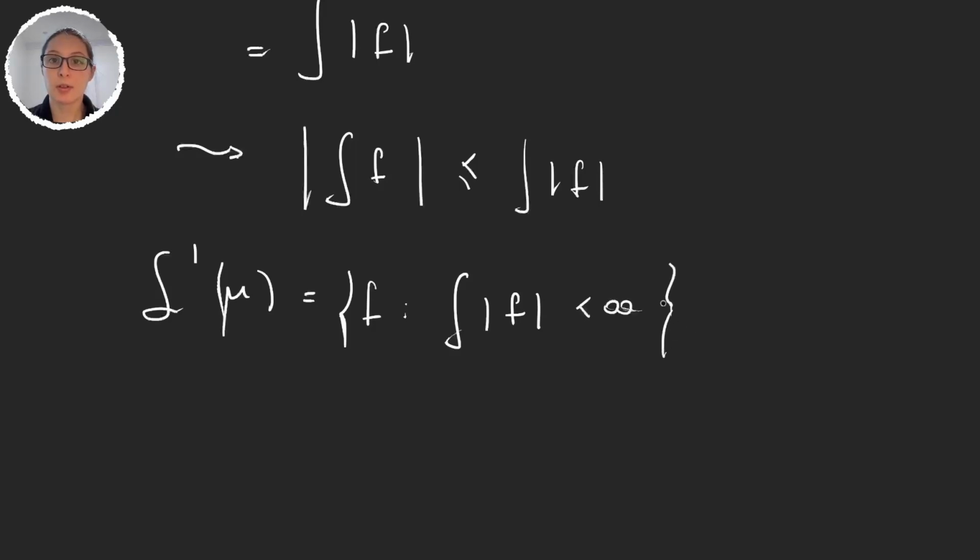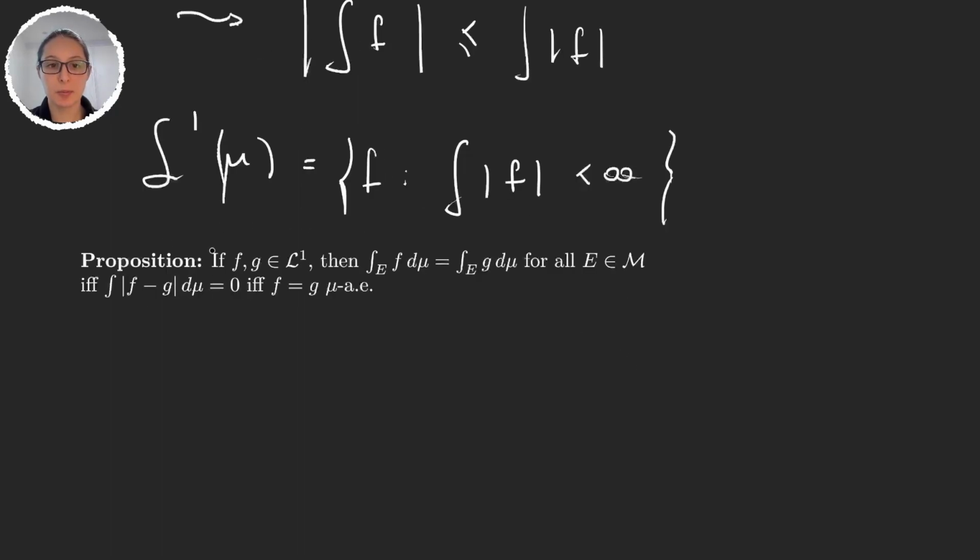But let's see the following proposition. This proposition says that if we have two integrable functions, then the integral of f is equal to the integral of g, integrating on any measurable set, if and only if the integral of the modulus of f minus g is 0. And this happens also if and only if f and g are equal almost everywhere.